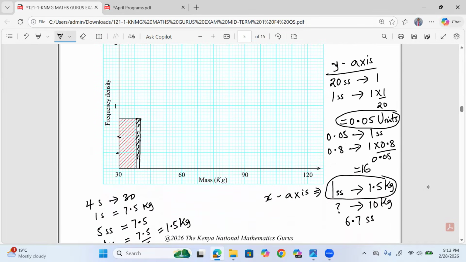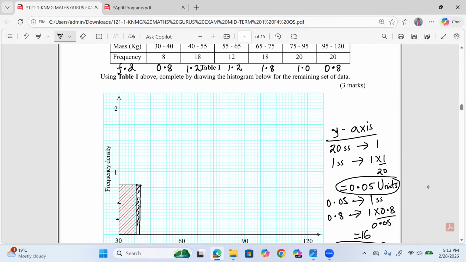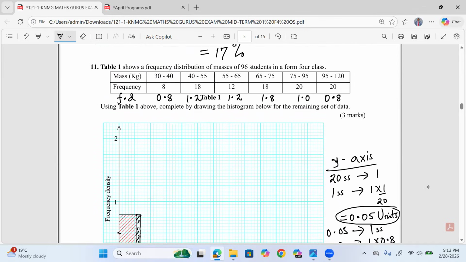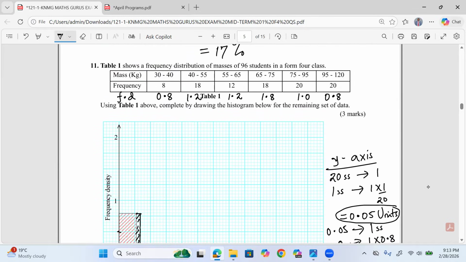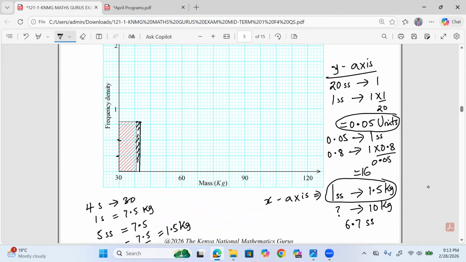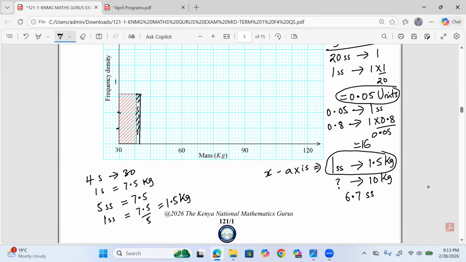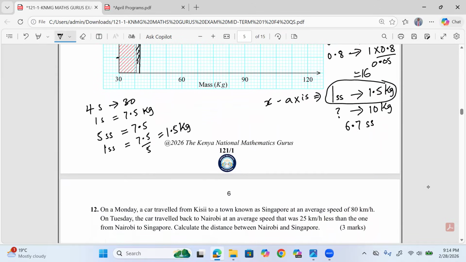Once you've interpreted or analyzed the scale, it becomes very easy. So we need now, for the second class, we are moving from 40 all the way to 55. That means we are adding 15 units. How many small squares do we need?